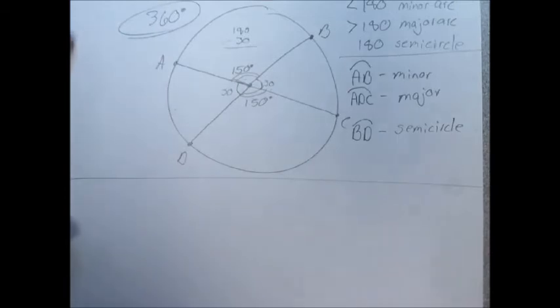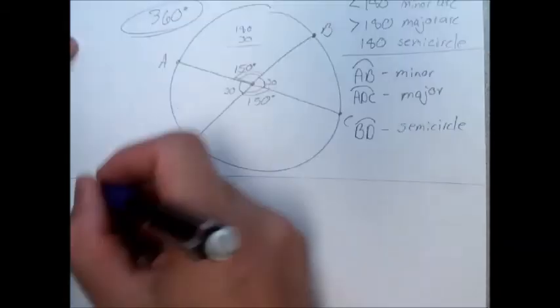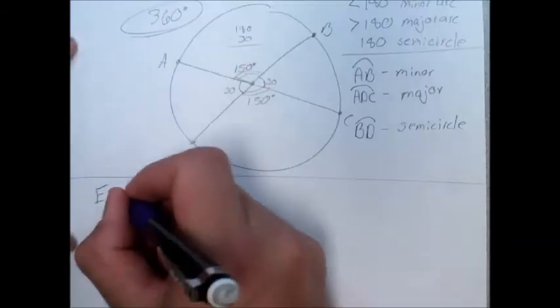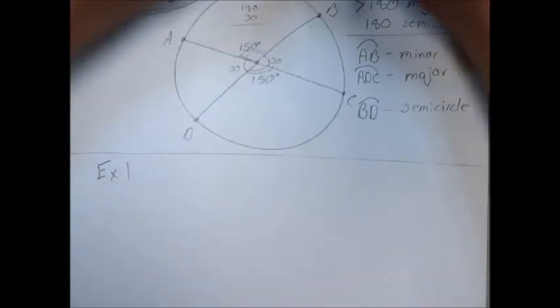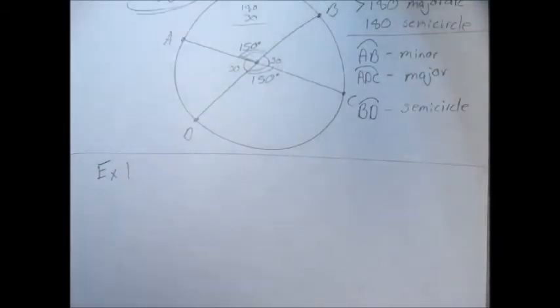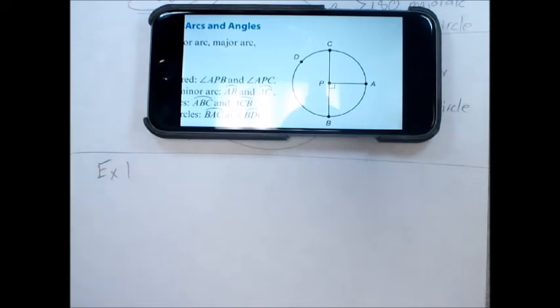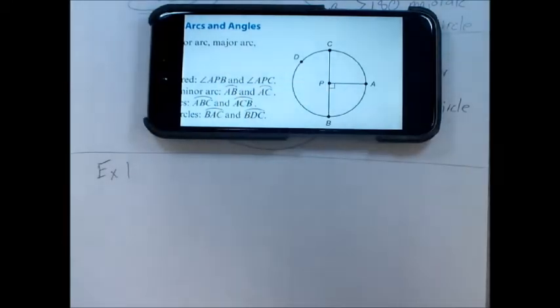Okay. So on example 1, they give you that circle there, so make sure that you can see it. In that circle, it asks us a few specific questions, so we're going to try to answer them. I'm going to make up a few and then we'll go from there.